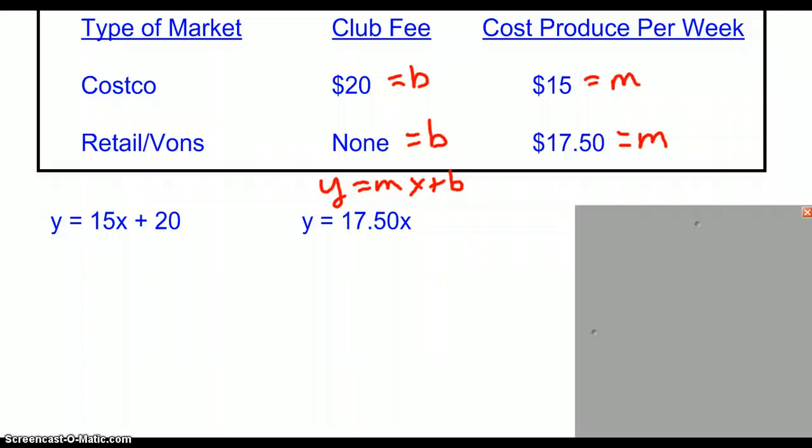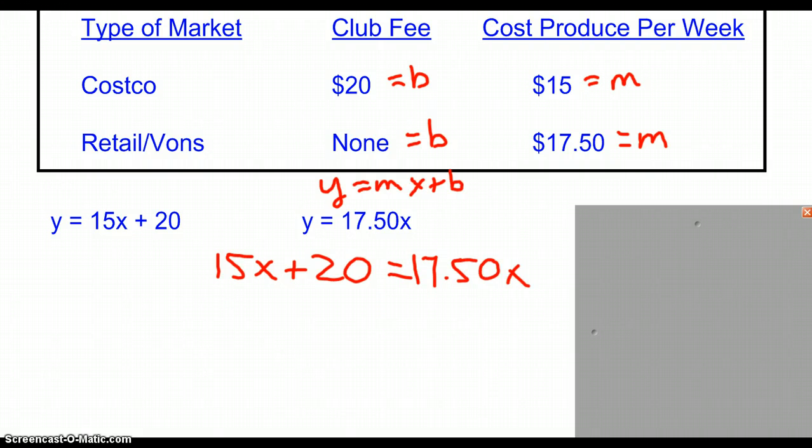Both of these represent y. And so we set them equal to each other, and we'll just solve. And how do we solve this? Why don't we subtract, and which side has the greater coefficient of x? The right side. So let's subtract 15x from both sides.